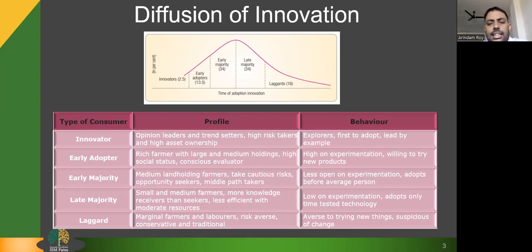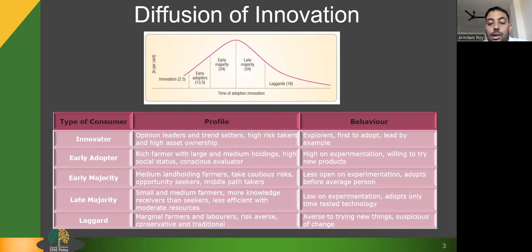They would bring the early adopters into the scenario. The early adopters are mostly the rich farmers who have large land and high disposable income. They would be of high social status within the rural community, and they are a conscious evaluator. They won't pick up just whatever has been told by the innovator.